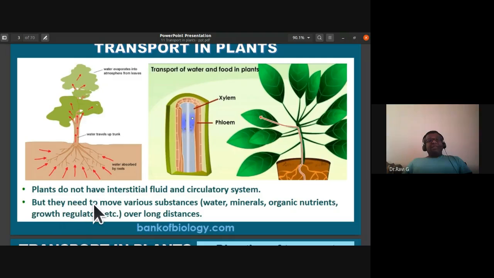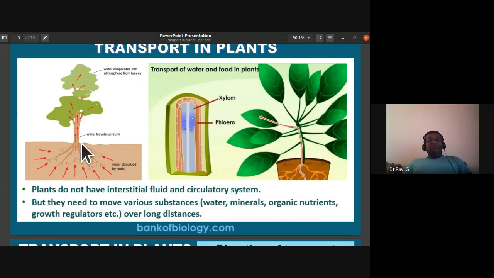But plants require various substances just like any other living organisms: water, minerals, organic nutrients, and growth regulators. They are all required by plants, and have to be transported over long distances. In a herb or shrub, it is a very short distance.